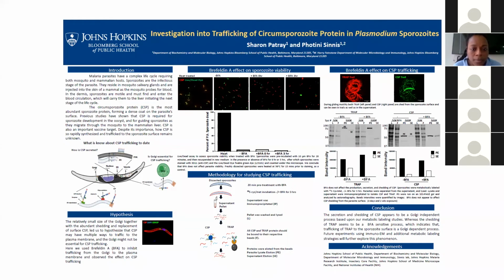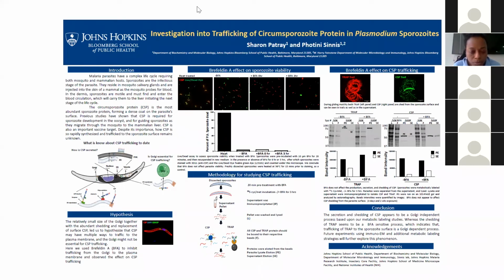Then the minus brefeldin control, and the brefeldin-treated at 0 hours and 3 hours are all in red, which shows that they are alive. The quantification below that also shows the percent dead.